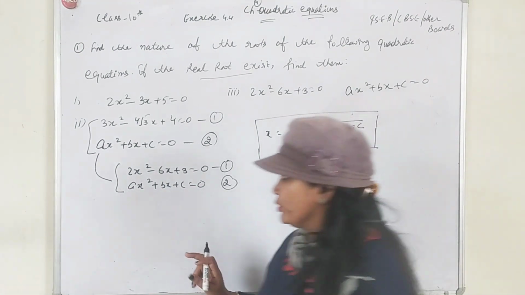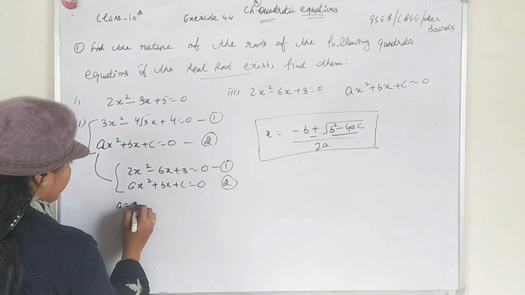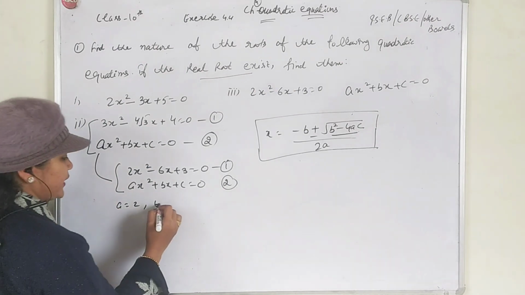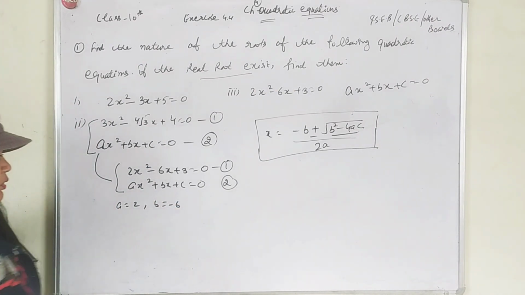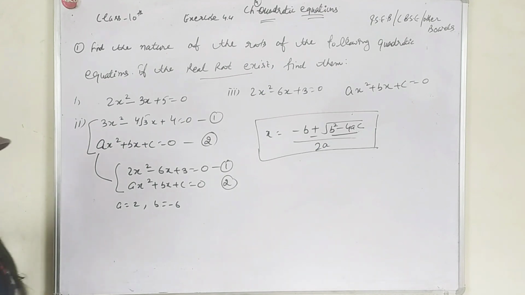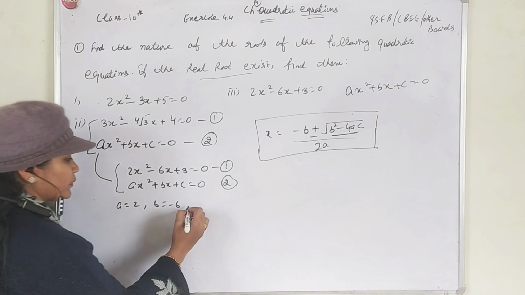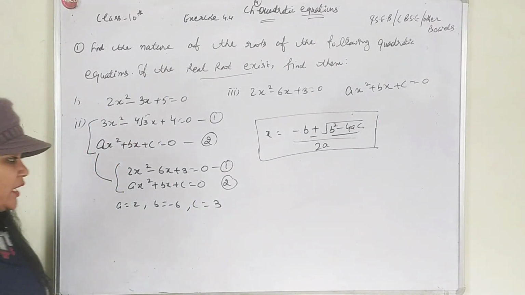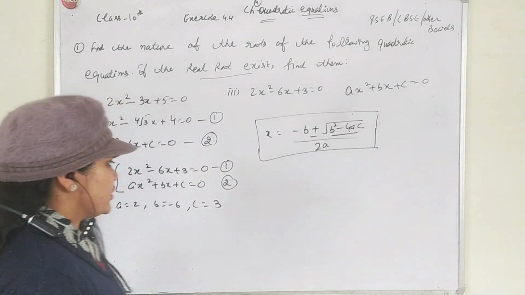So the value of a is 2. The coefficient of x in equation one is −6, and in equation two it is b, so b is −6. The constant term in equation one is 3, and in the second equation it is c, so c is 3.